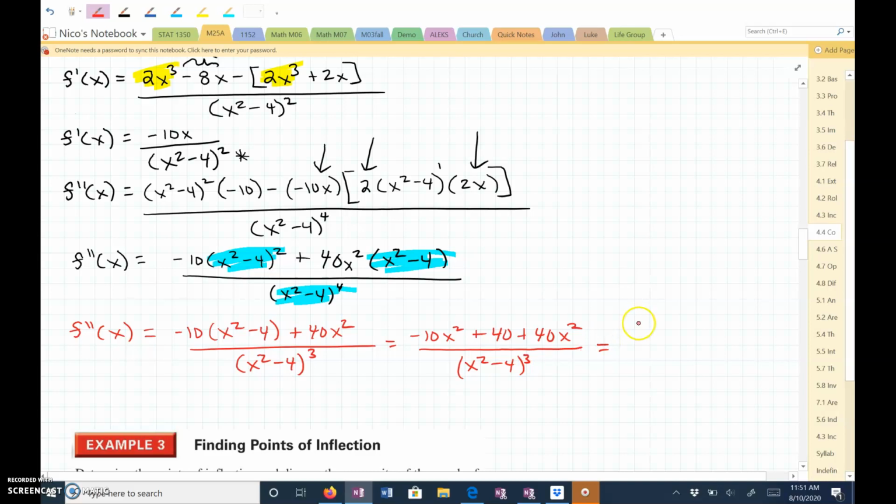Then this is going to be 30x squared plus 40 all over x squared minus 4 cubed. And then here I can factor out 10, leaving me with 3x squared plus 4 all over x squared minus 4 cubed.